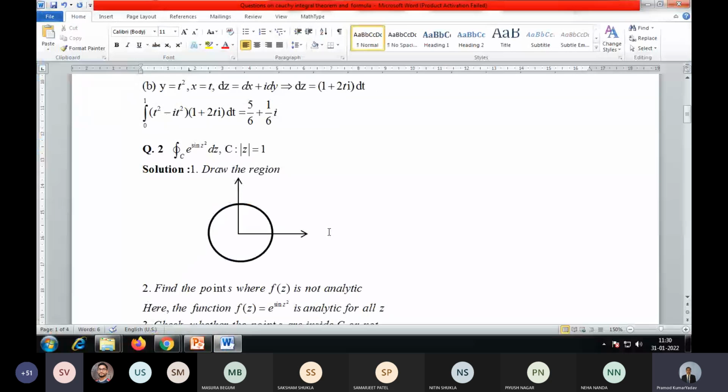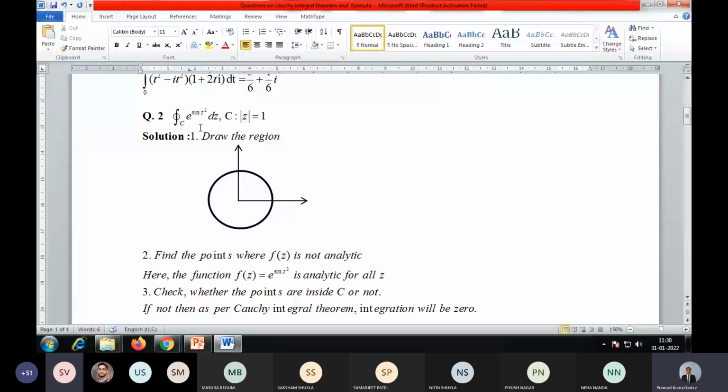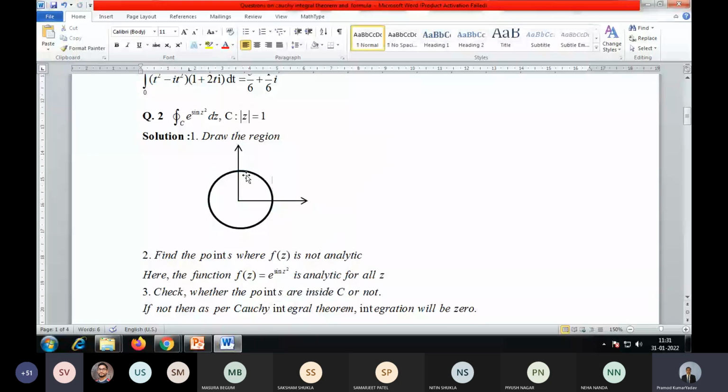So in this case, if we have drawn the curve, then f(z) is analytic within and on C, so there is no need to find the points. It means the integration of e to the power z square dz, as per Cauchy's integral theorem, will come 0.